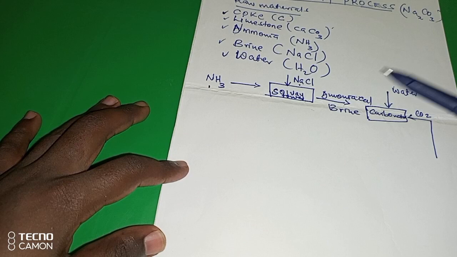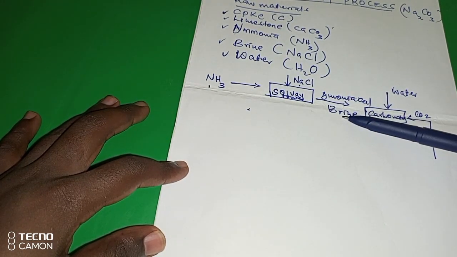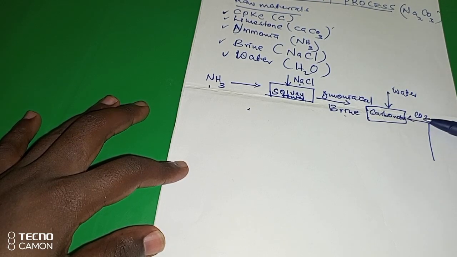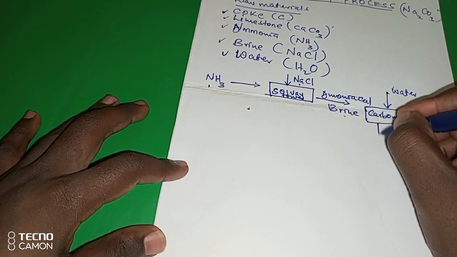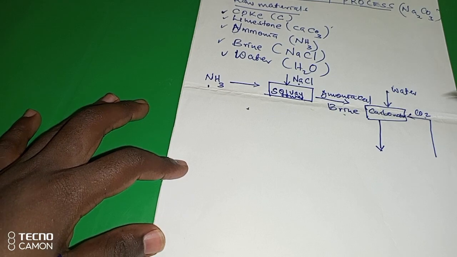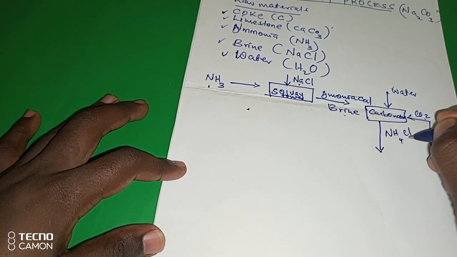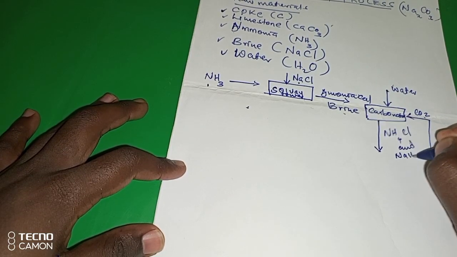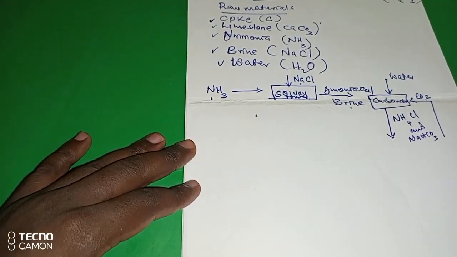In the carbonator, ammonia reacts with sodium chloride, water, and carbon 4 oxide to form 2 substances, which are ammonium chloride and sodium hydrogen carbonate.